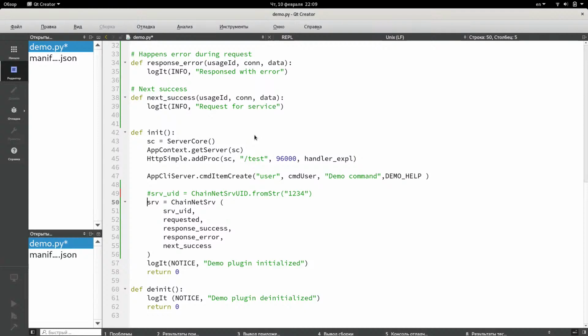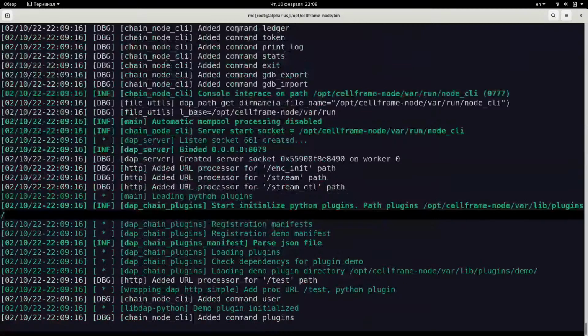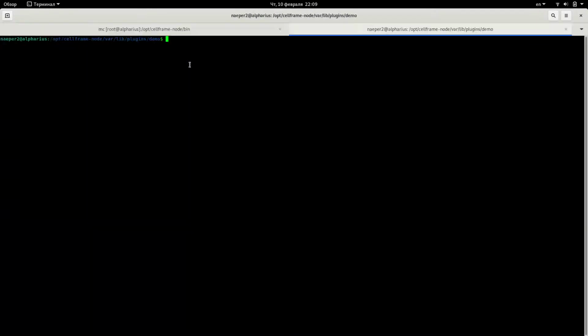I'll comment it. Okay, here we have the plugin demo. It's loaded. Then we should go to its CLI.